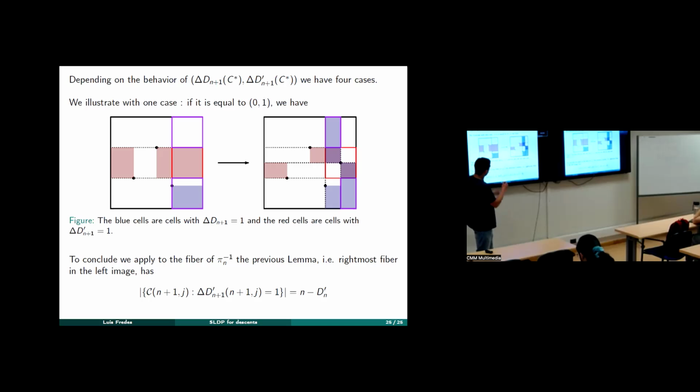Now, if I expand what happens with pi n+1, I discover this kind of situation, where I colored pink and blue, violet for the ones that have increment for the inverse and for the direct one.